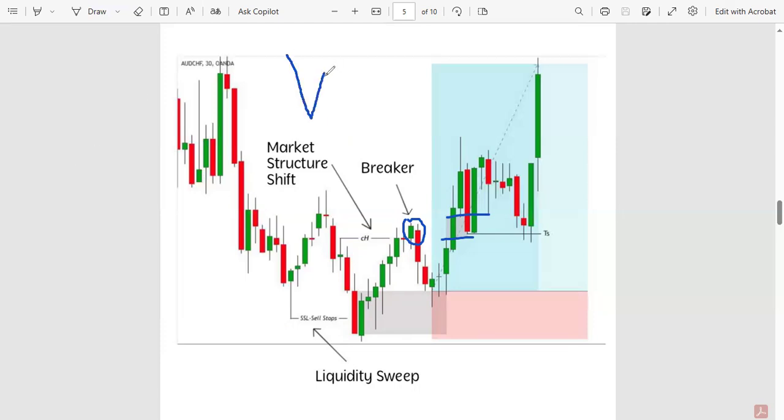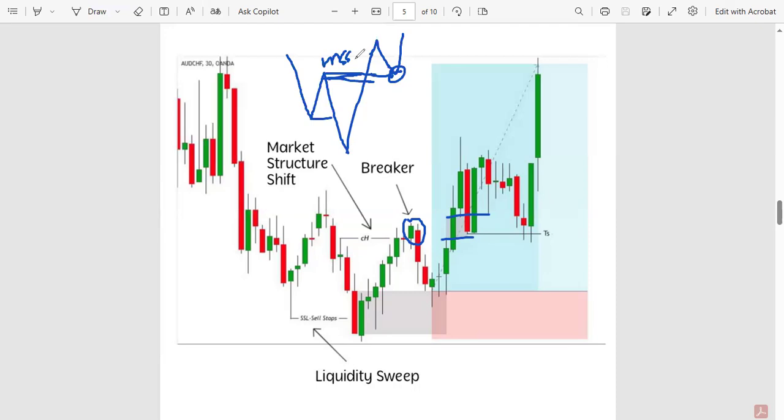Price going down, down, getting this market structure shift here, and then it's going to react on this area because this is the area where we have a failed order block. Why? Because this order block was not a strong order block. Why? Because the direction of bias from the higher time frame was bullish. So we cannot expect price to respect the bearish order block.